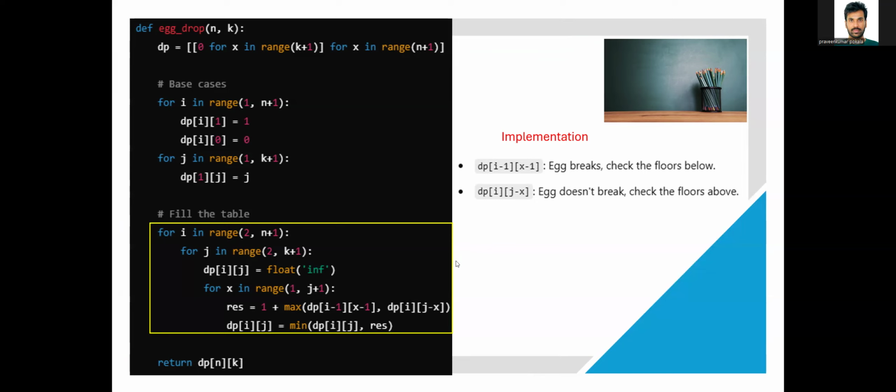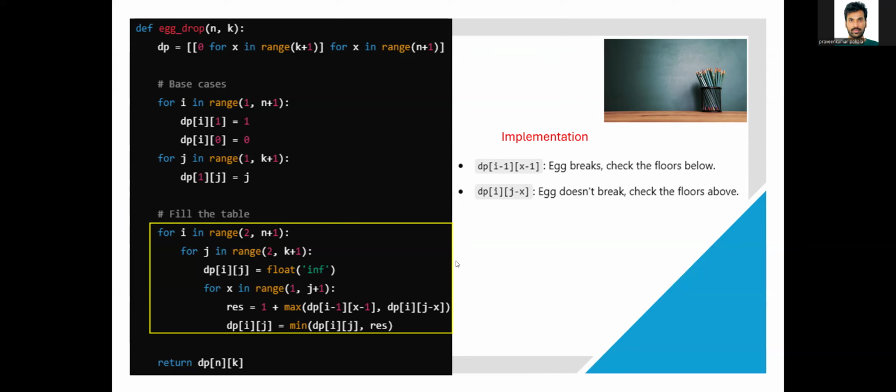It's the same formula as before. For i, j, we find the maximum plus 1 because we drop the egg on the x floor, and that is counted here. Now dp[i][j] is the minimum of this result and dp[i][j]. Okay, so this is the final one.